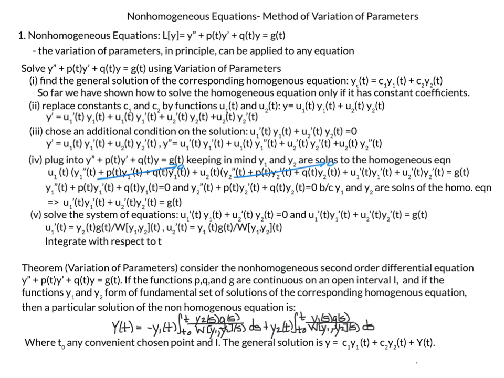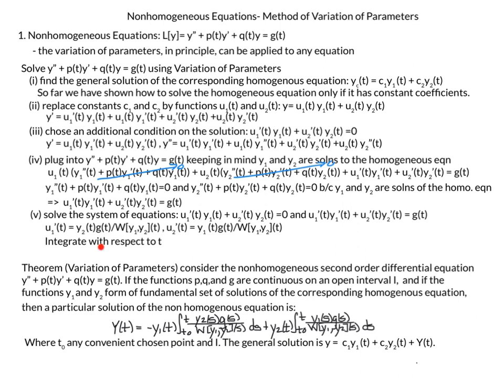So if we have a non-homogeneous second-order differential equation of this form, y double prime plus p of t y prime plus q of t y equals g of t, if the functions p, q, and g are continuous on an open interval I, and if the functions y1 and y2 form the fundamental set of solutions of the corresponding homogeneous equation, then a particular solution of the non-homogeneous equation is capital Y of t, and then we have this formula: negative y1 of t integrated from t naught to t, y2 times g over the Wronskian, plus y2 times the integral from t naught to t, y1 times g over the Wronskian.